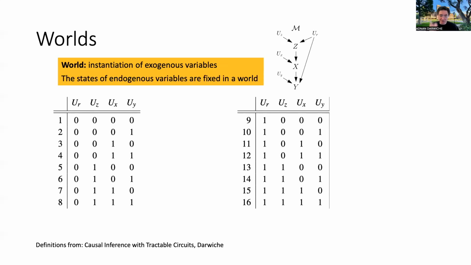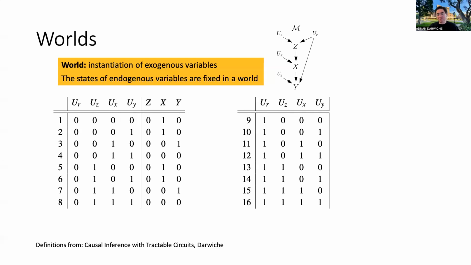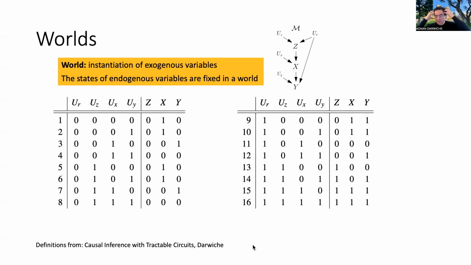The states of the endogenous variables are fixed in a world, and here they are. You can check them. Take this one, use the equations for X, Y, and Z, and you'll conclude these values. Pick this one, you'll conclude that value, and so on. It's very important that you fix the roots and then everything is fixed, with no uncertainty.